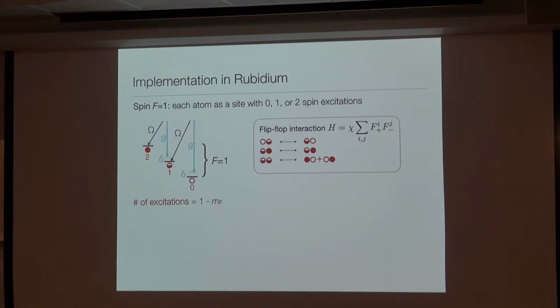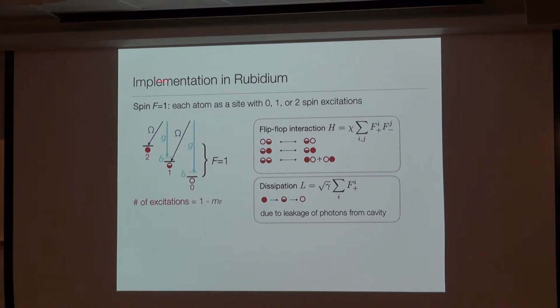Incidentally, this is similar to dynamics that are studied in spin 1 Bose-Einstein condensates. Those are the types of processes you might expect to occur. On top of that, if we're not careful about this 2-photon detuning, dissipation is another thing we might need to think about. That would be losing spin excitations via this resonant Raman process.